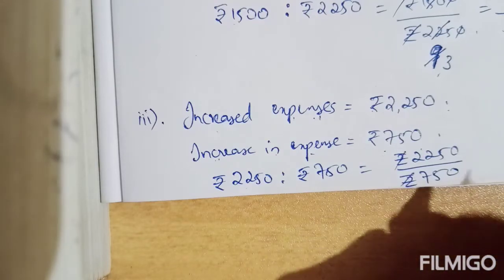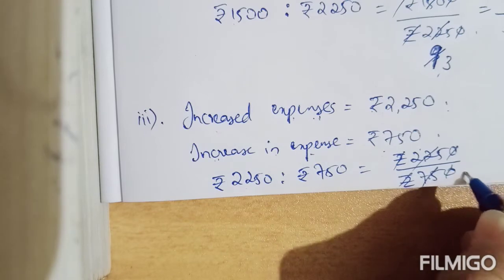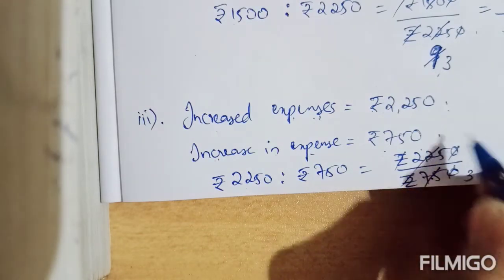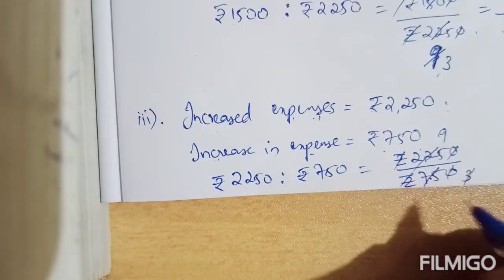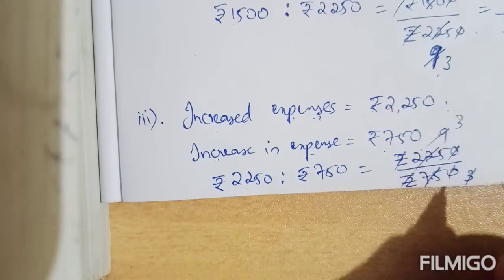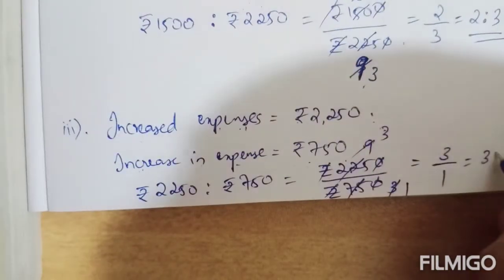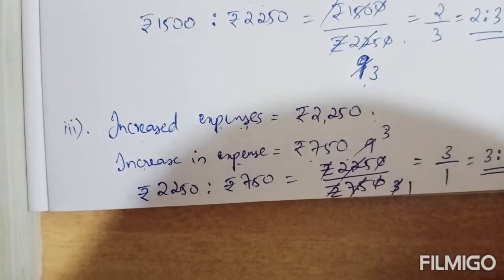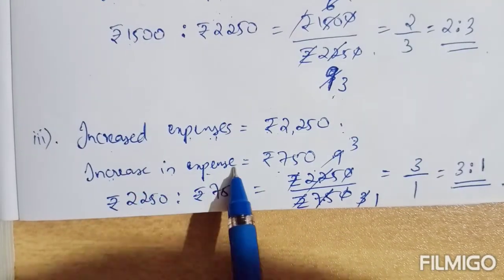Rupees you can cancel, one zero you can cancel. 75 and 225 will go in 25. 25 into 3, 75. 25 into 9 it is 225. Now again 9 and 3 will go in 3. 3 into 3, 9, 1 here. So we got the ratio 3 by 1. 3 by 1 we can write as 3 is to 1. So this is the ratio of increased expenses and increase in expense.